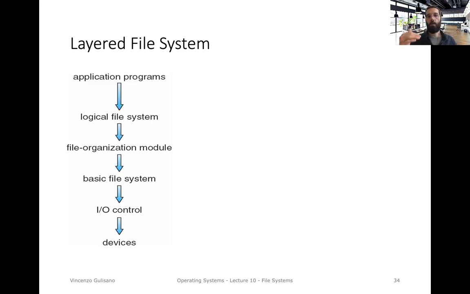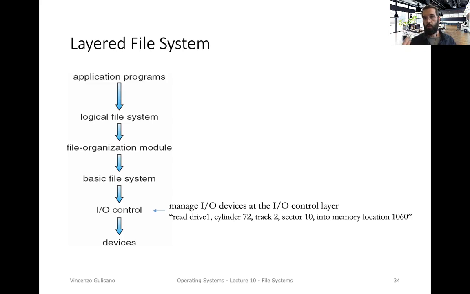So these are basically the different layers you can have if you want to organize your file system in, let's say, different parts. So you need the lowest one, the one that is very close to the device, to be about I/O control, okay? You will need a part of the file system that actually speaks this kind of language, which is read a specific drive, maybe a specific cylinder and track.